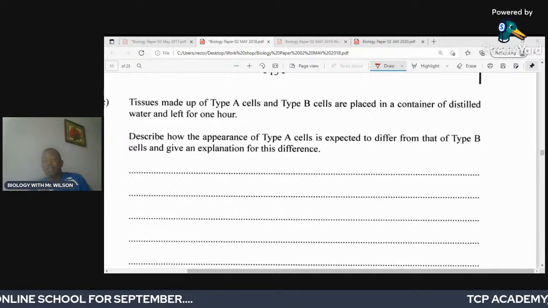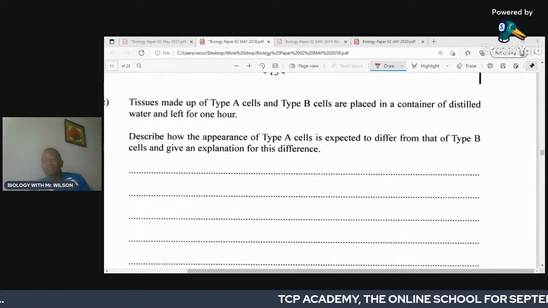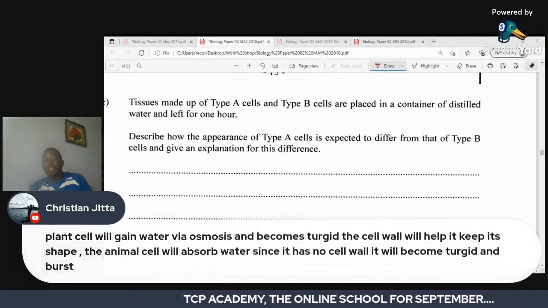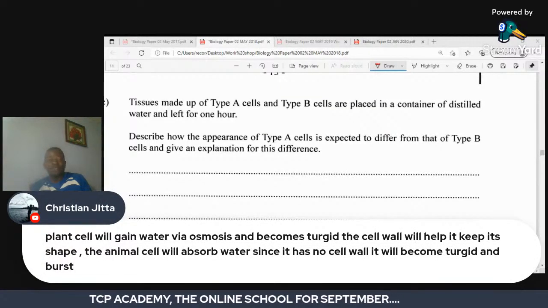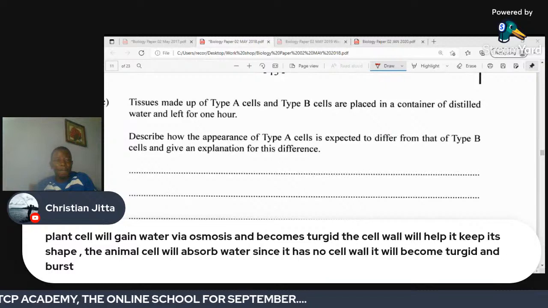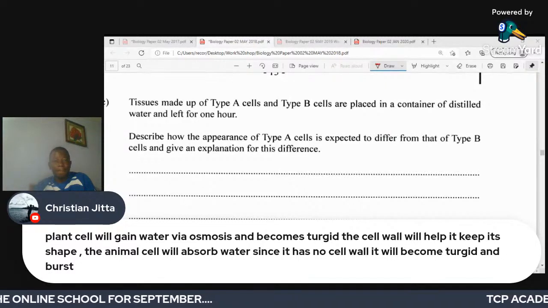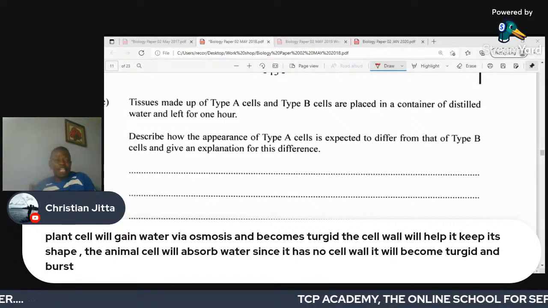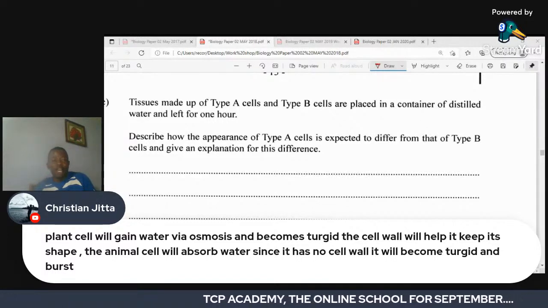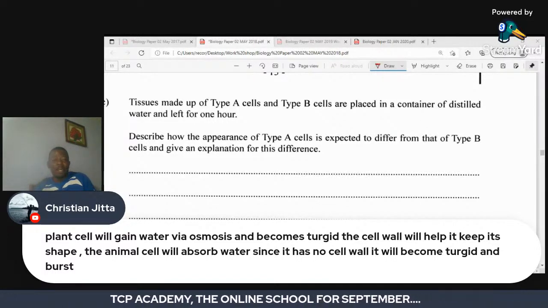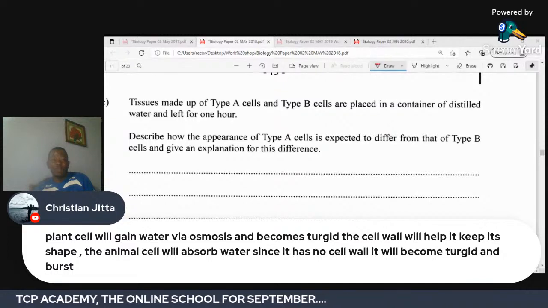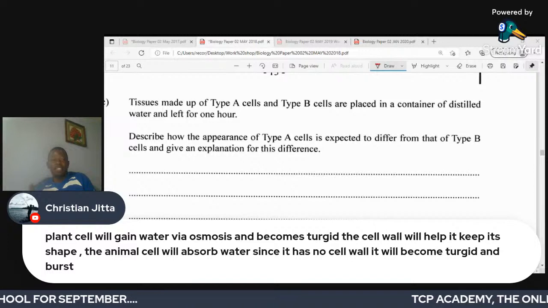All right, so let me look at what we have here. Plant cell will gain water via osmosis and become turgid. The cell wall will help it to keep its shape.